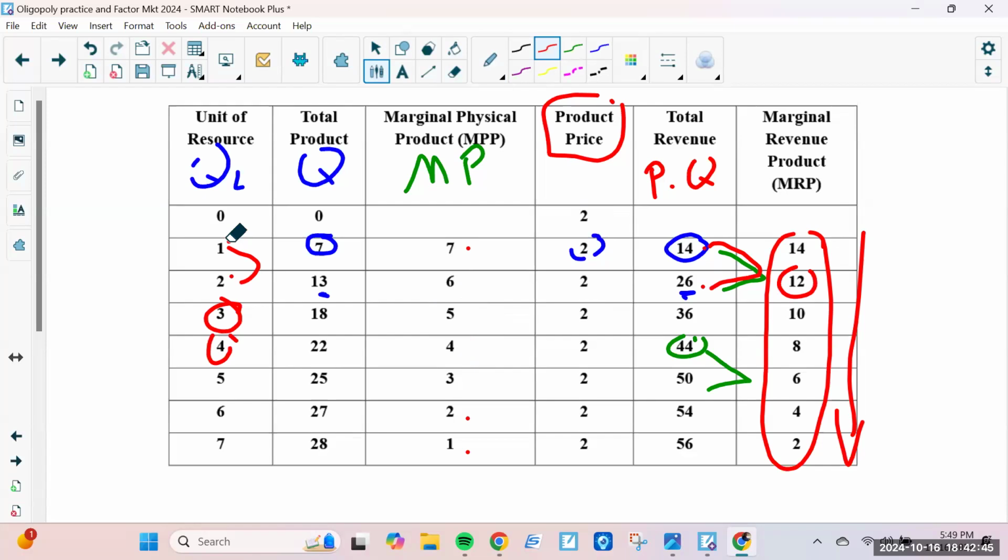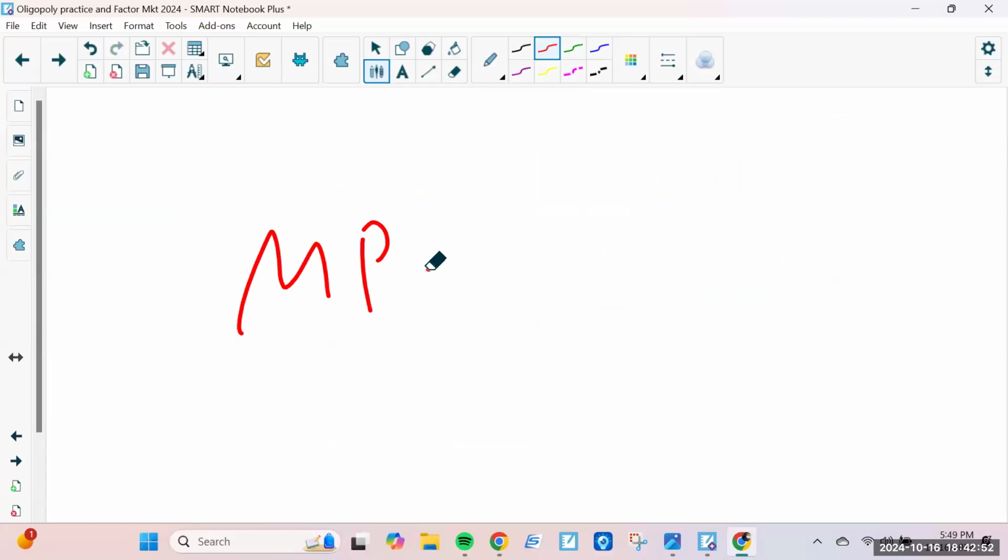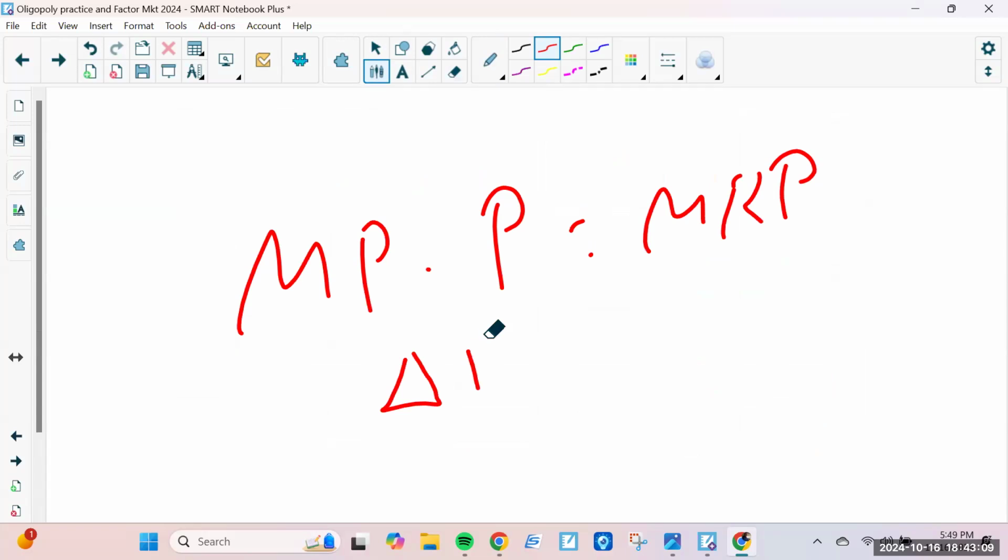So for perfect competition, there are 2 ways of doing it. Marginal product times the price of the product will give you your MRP, but that only works for perfect competition. For a monopsony or anything that's non-perfect competition, you have to do the change in total revenue divided by the change in the quantity of labor.